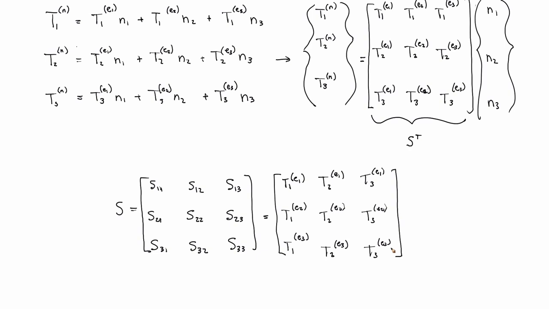The shorthand convention here is that the first number in the entry is the face. First number is the face. And the second number is the component. Okay?